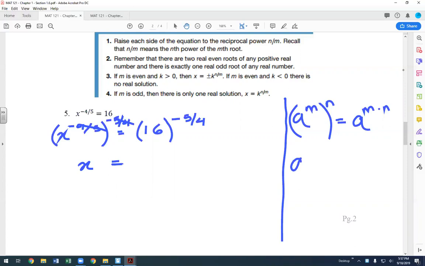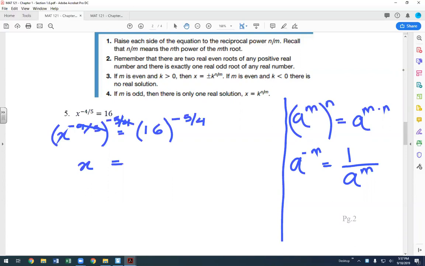Okay? So if I have a to the -m exponent, how do I make it into a fraction? What should go on the top? 1. Yeah, you actually make it a numerator of 1. So you put 1 on the top and you move your a to the m to the denominator.